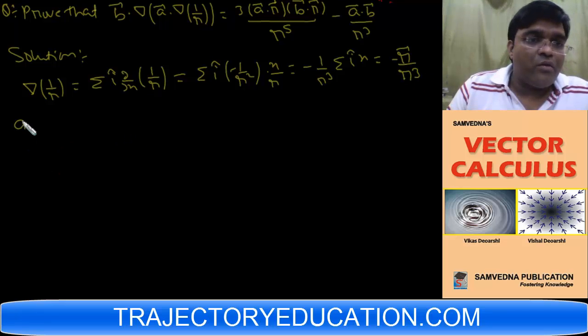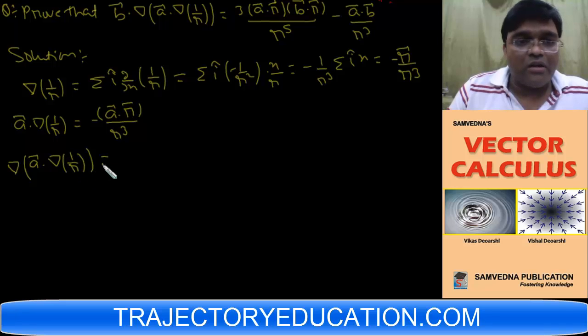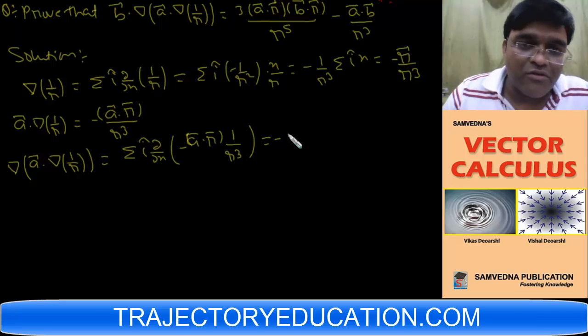Alright. Now A·∇(1/R) is minus A·R upon R³. And now the gradient of (A·R)∇(1/R) equals Σ i ∂/∂x of minus (A·R)(1/R³). I'll take the minus sign outside.